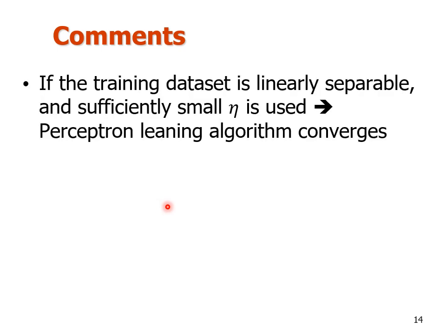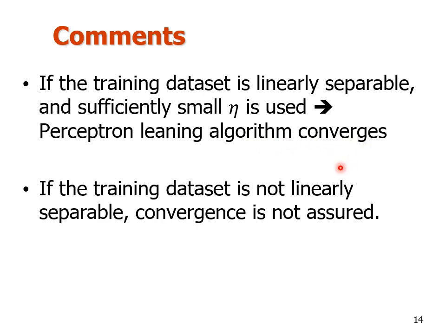Now let us have the final comments. If the training data set is linearly separable and a sufficiently small learning rate eta is used, the perceptron learning algorithm converges. But if the training data set is not linearly separable, convergence is not assured. So what to do if the data is not linearly separable?